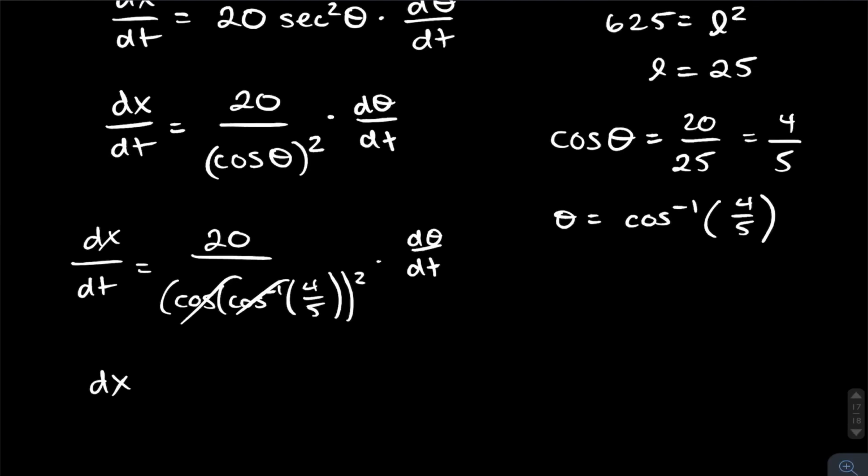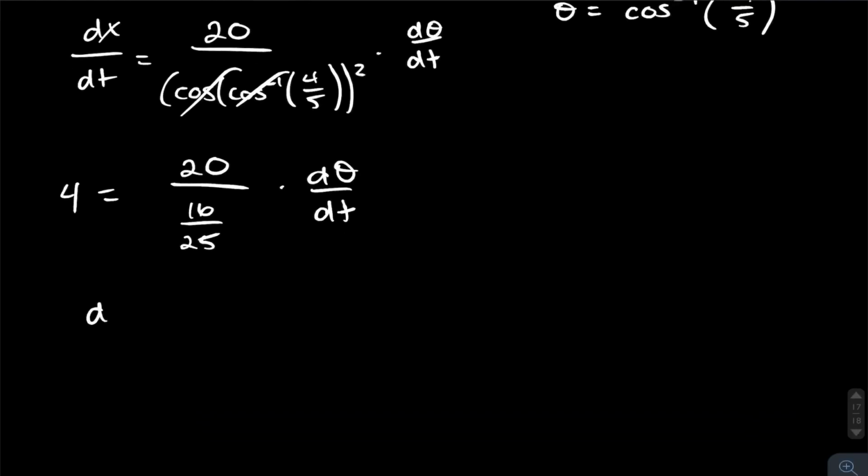So I'll write this a little more cleanly before solving it all at once. And of course, I want to also note that dx/dt here is 4 feet per second. So I'll just write that as 4 over 20. We have a 4 over 5 in the denominator. It's going to be 16 over 25, right? And then we have a d theta/dt. Do a little bit of math here, you get what d theta/dt actually is.